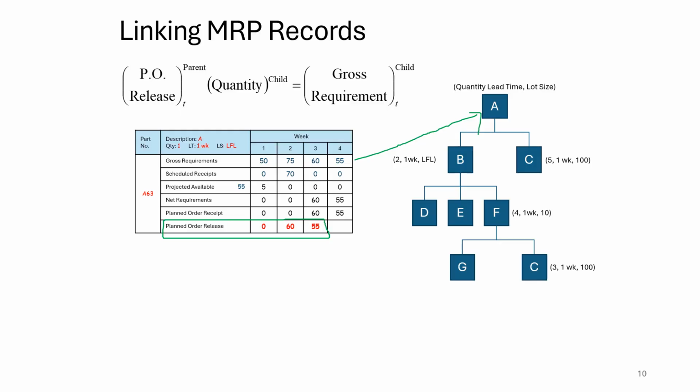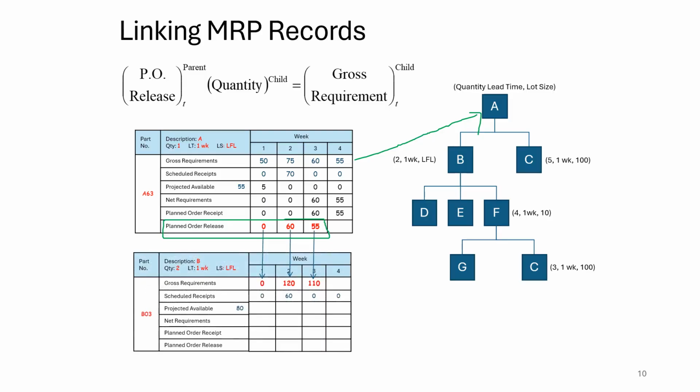So now how do we calculate the MRP for B and C based on the MRP of A? That is called MRP linking, and the planned order release or the POR of A directly translates into what will be the gross requirements of B and C. So for example, now let's consider the MRP of B. The planned order release for A in week 1 is 0 units.